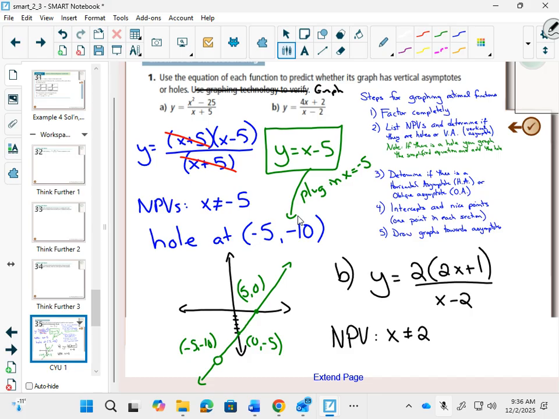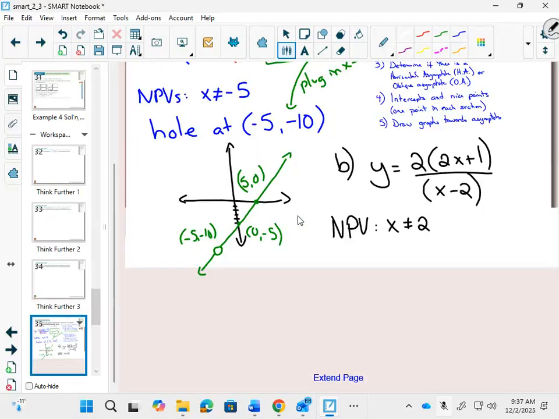Does it simplify? The only way a factor simplifies is if you have the identical factor on the top. And so it does not. That tells us that the non-permissible value will be, are you okay with that abbreviation for vertical asymptote? You're going to have a vertical asymptote at x equals 2.